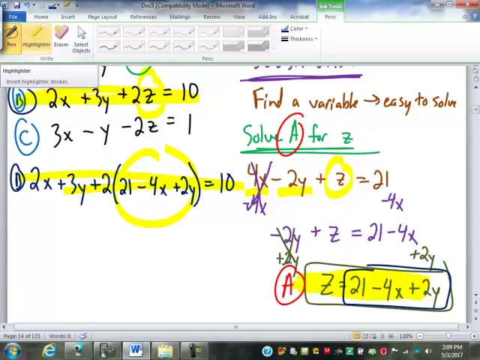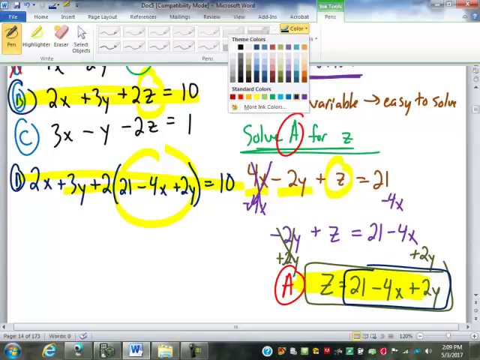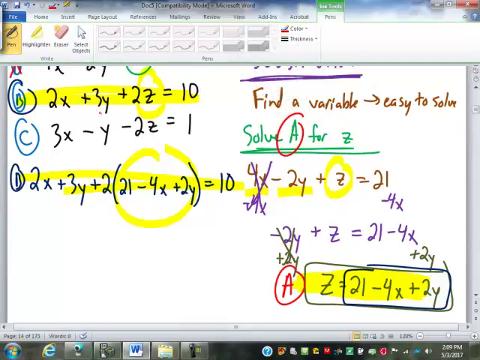I have to now reduce this equation, simplify the equation. So I'm going to look at the parentheses there. Is there anything I can do inside that set of parentheses? No, I have 1's, I have x's, and I have y's. I can't combine anything in there. So what I have to do is, perfect, distribute the 2.